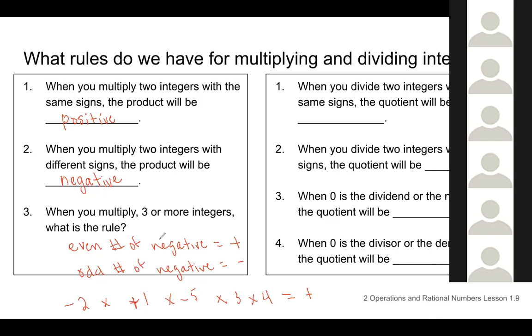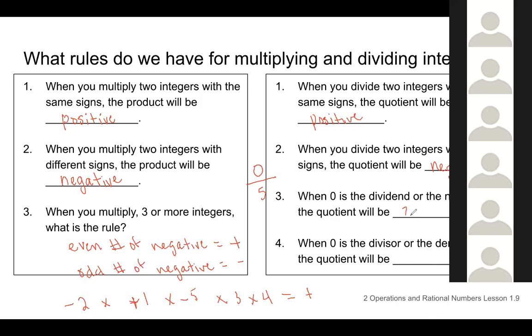What about division? When you divide 2 integers with the same signs, the quotient or the answer will be positive. When you divide 2 integers with different signs, the quotient will be negative. When 0 is the dividend or the numerator, like 0/5, the answer or the quotient will be itself.